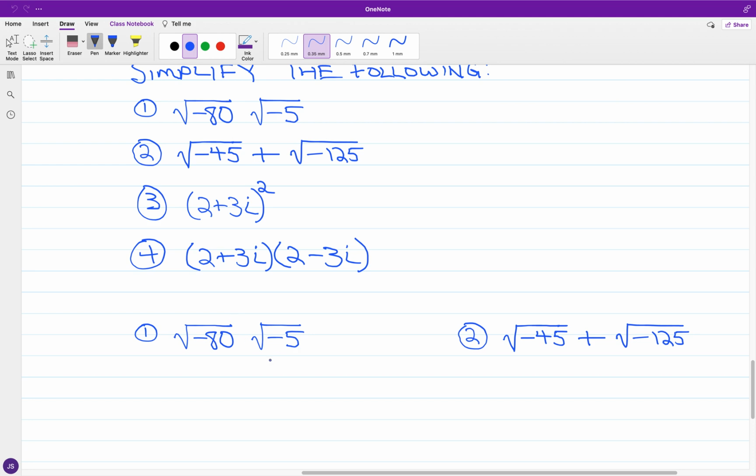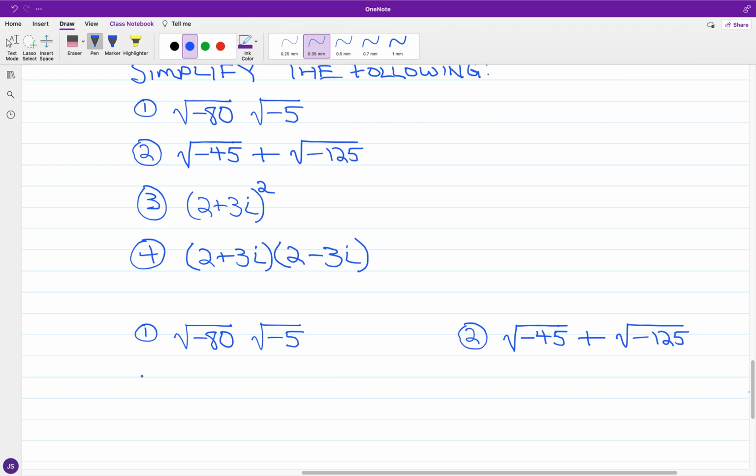Again, if you're working with complex radicals, first of all, rewrite them in terms of the letter i. And for the first, we have the square root of negative 80 times the square root of negative 5. Now if I had positive 80 and positive 5, I could take the square root of 80 times 5, but don't take the product whenever you have the inside numbers or any of them negative.